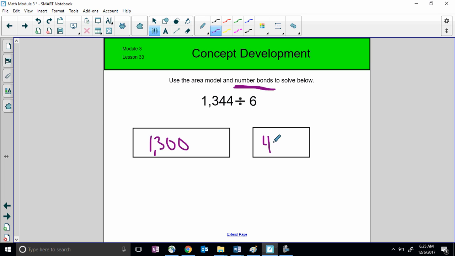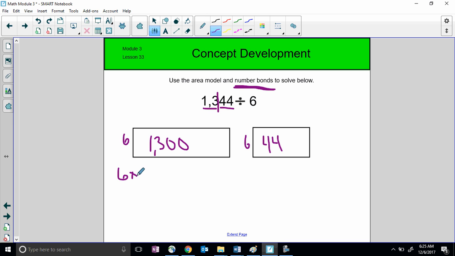The reason I'm doing that is, one, that I have to do less math because I have less boxes, but I'm splitting my boxes into big numbers and bigger place values and smaller place values. So let's take a look.